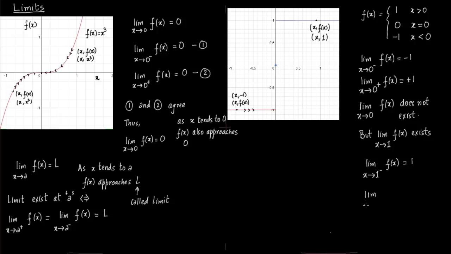And similarly, if you approach from the positive side of 1, that is numbers slightly greater than 1, then f of x is also 1. Now these two numbers agree. Thus we can say the limit as x tends to 1 of f of x is 1.